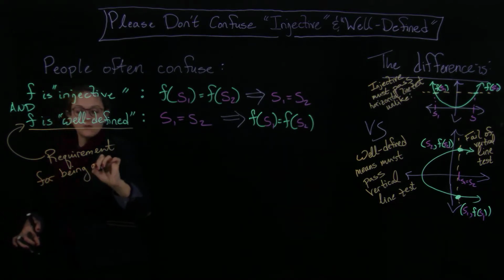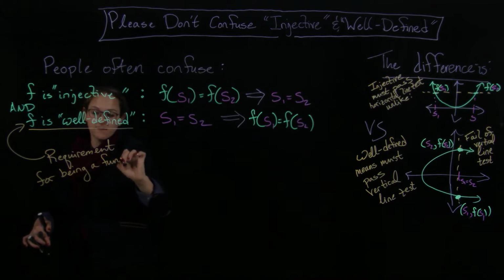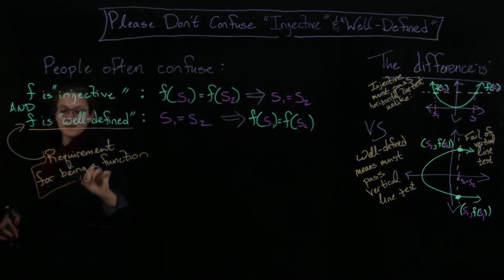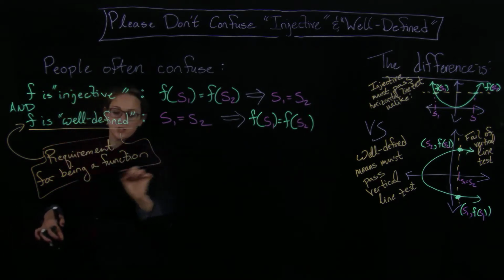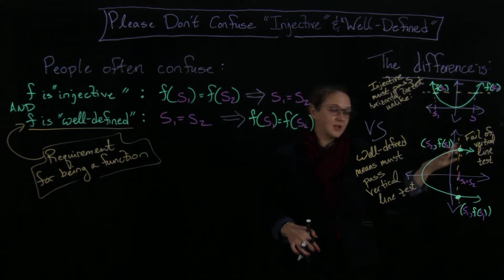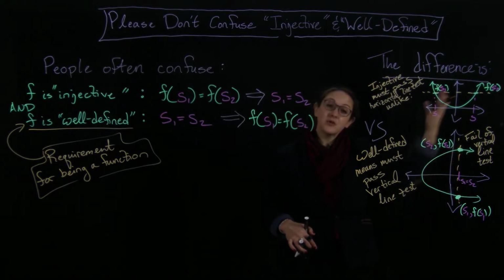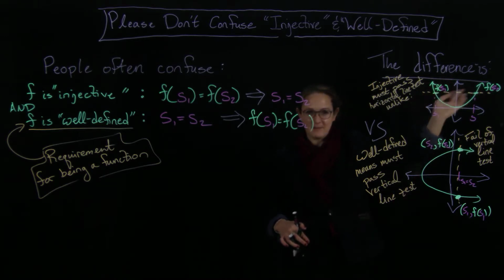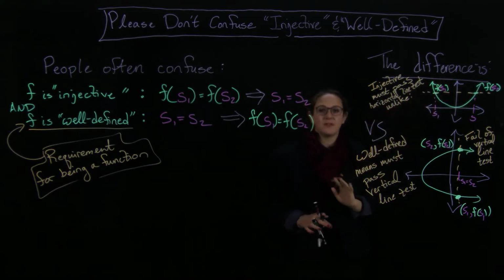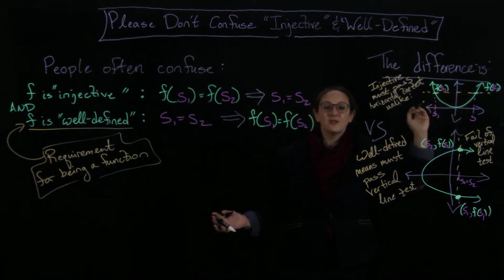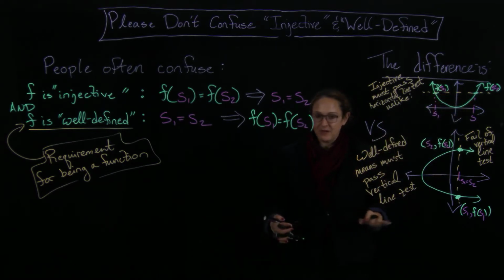In the way that we talk about things, we don't call something a function if it fails to be well defined or fails the vertical line test. But you can fail injectivity: F of x equals x squared is a function, and we have no problem with that. So you can be a function and fail to be injective. You cannot be a function and fail to be well defined.